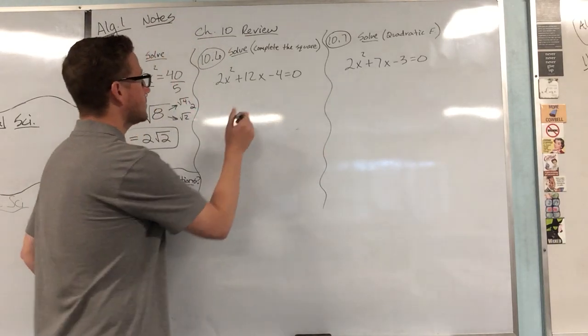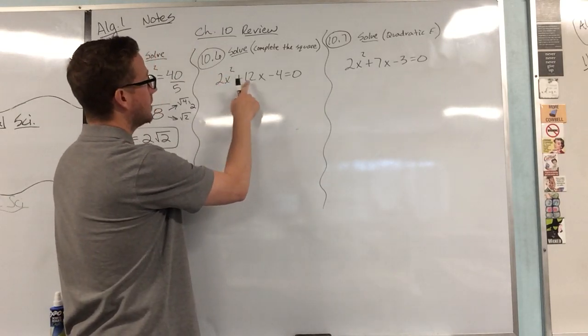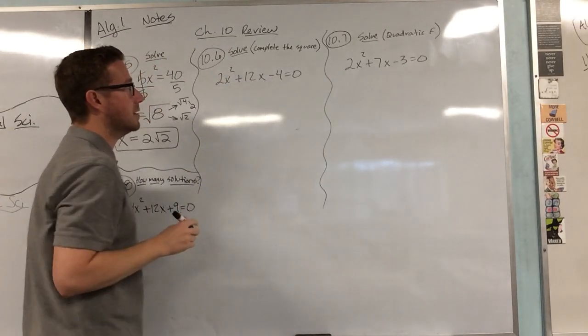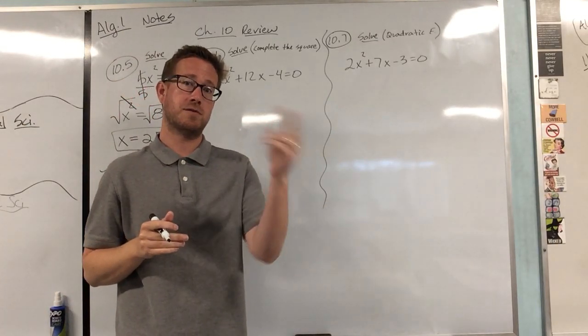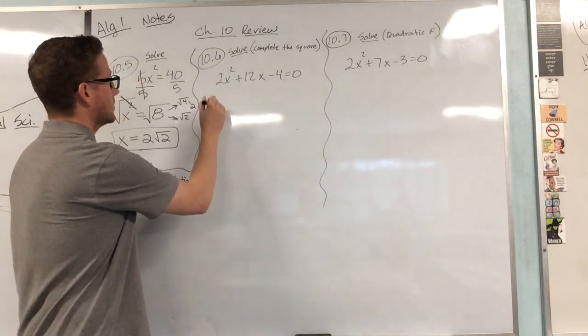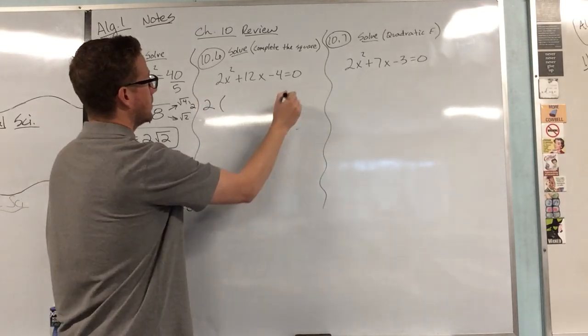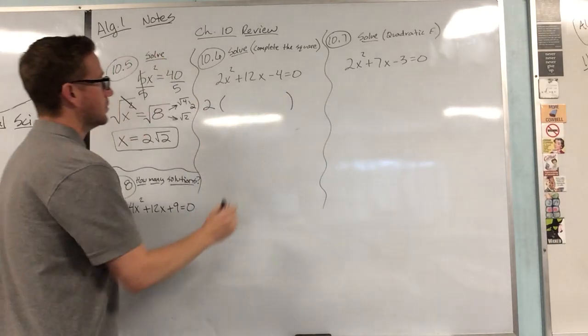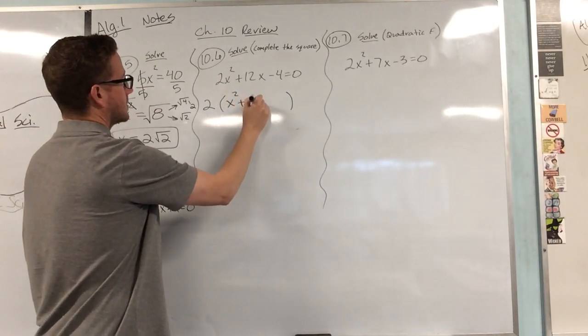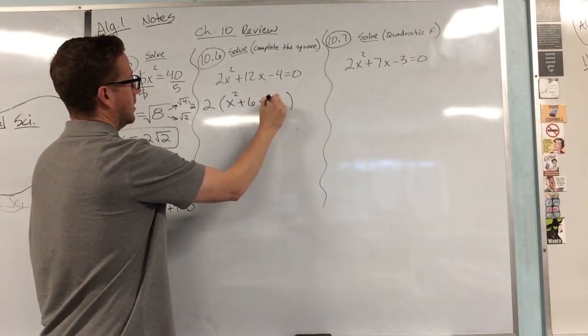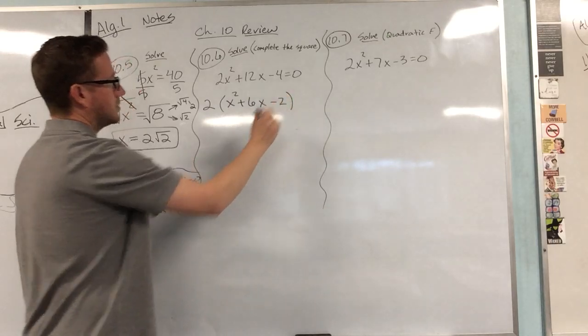First step, I see all 3 of these terms share a common factor, and that common factor is 2. So factor that 2 out. Let's pull the 2 out and rewrite what we have left over in parentheses: x squared plus 6x minus 2.